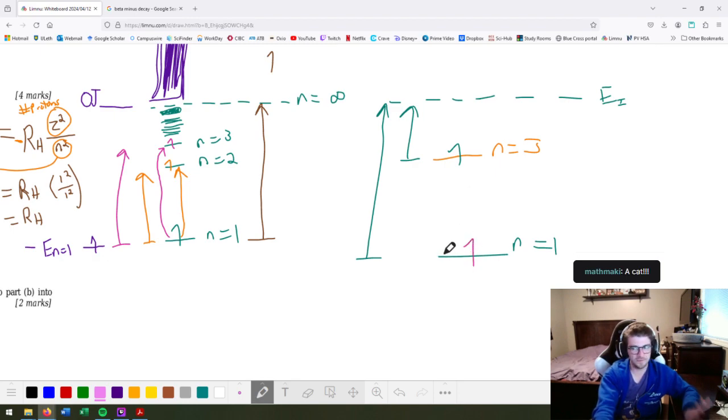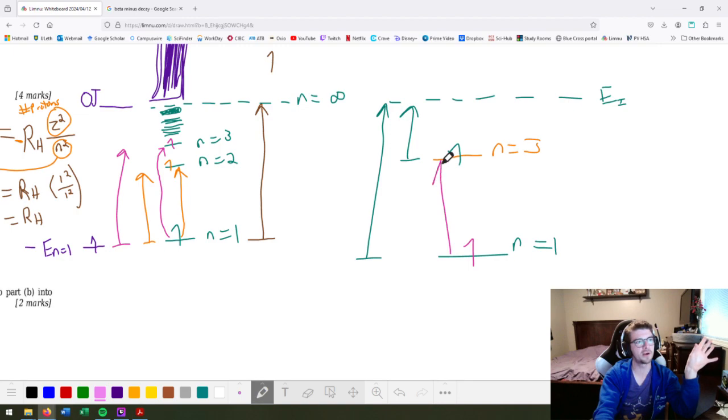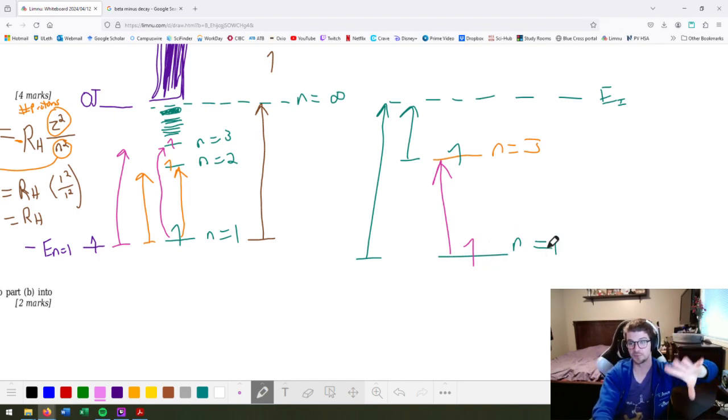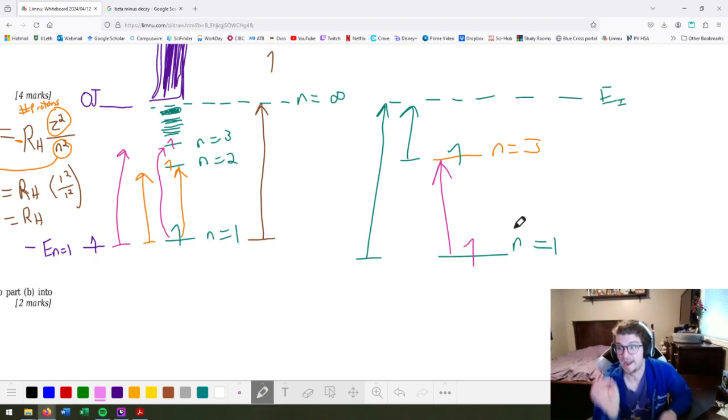So if you've got a whole sample of whatever this happens to be, whether it's hydrogen or something else, and you're bombarding it with radiation at exactly this energy, the energy difference between n equals 1 and n equals 3, you're exciting a bunch of electrons into the n equals 3 energy level. But the question is, how many of the individual atoms of this material do you think have this excited electron?